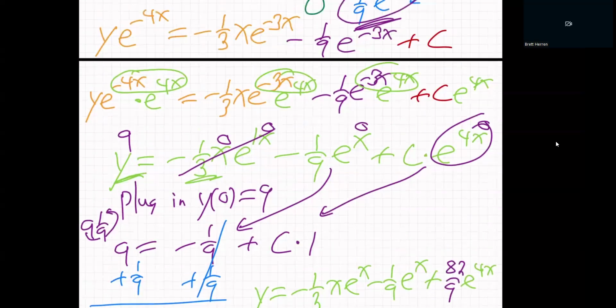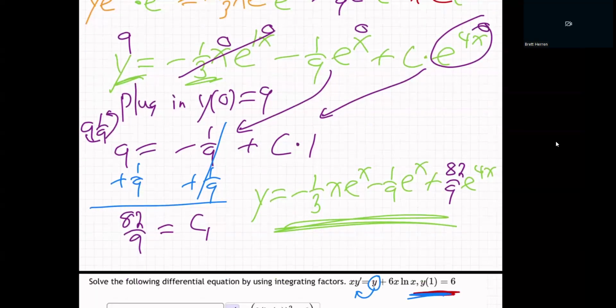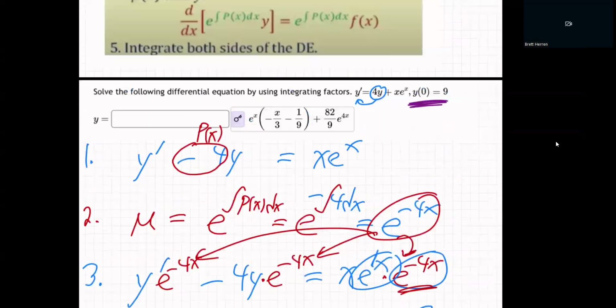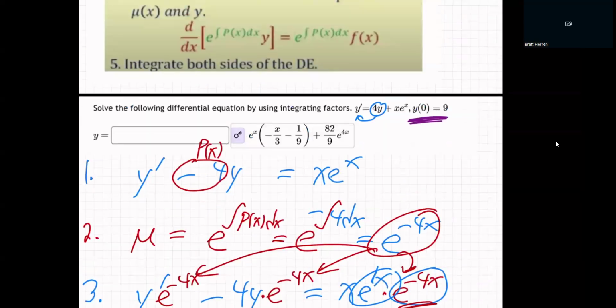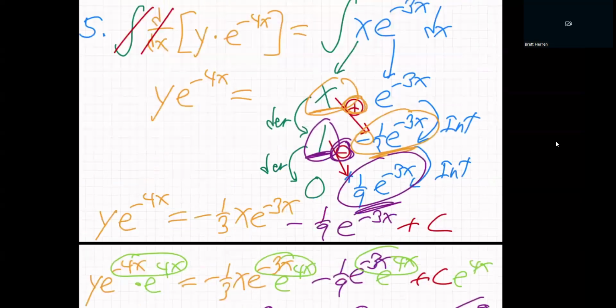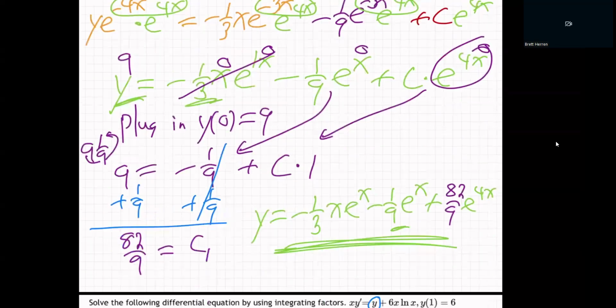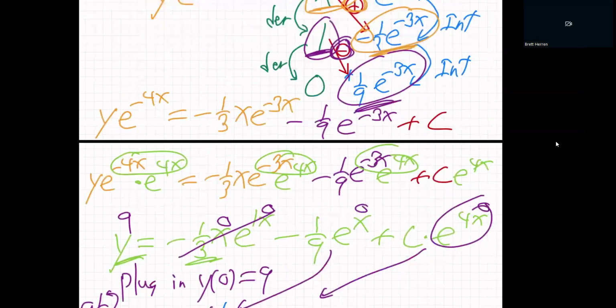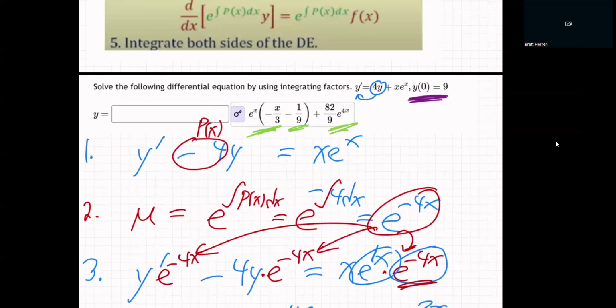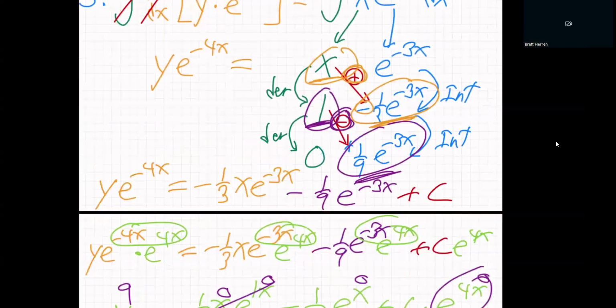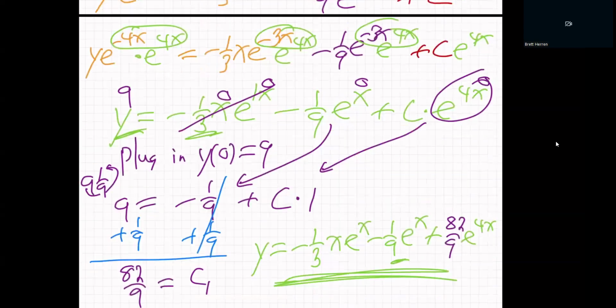There we go. Is that right? Yeah, if you multiply this out, this will be minus 1/3 x e to the x. This will be minus 1/9 e to the x. Perfect. And then 82 ninths e to the 4x. Beautiful. We nailed it. There it is.